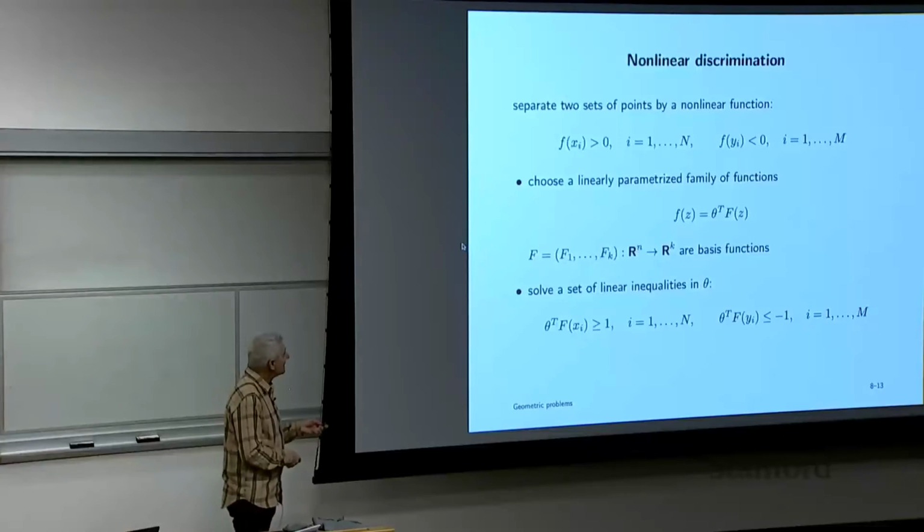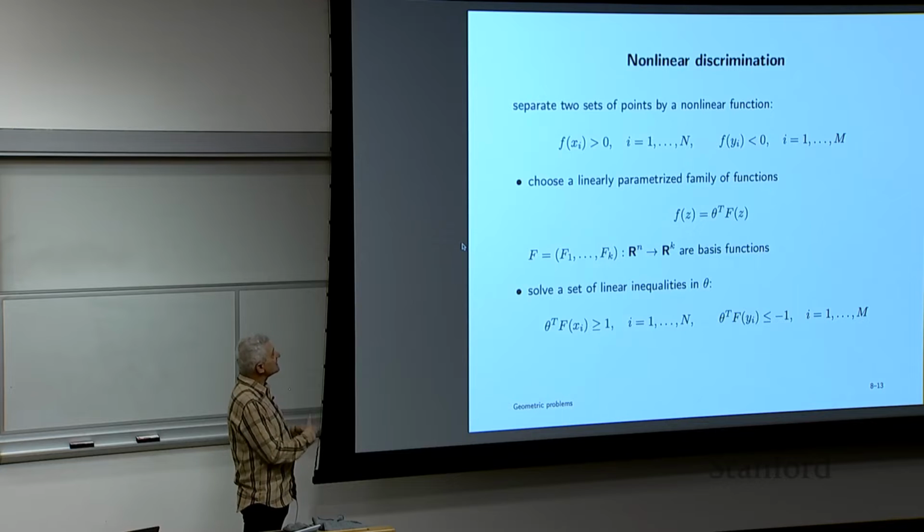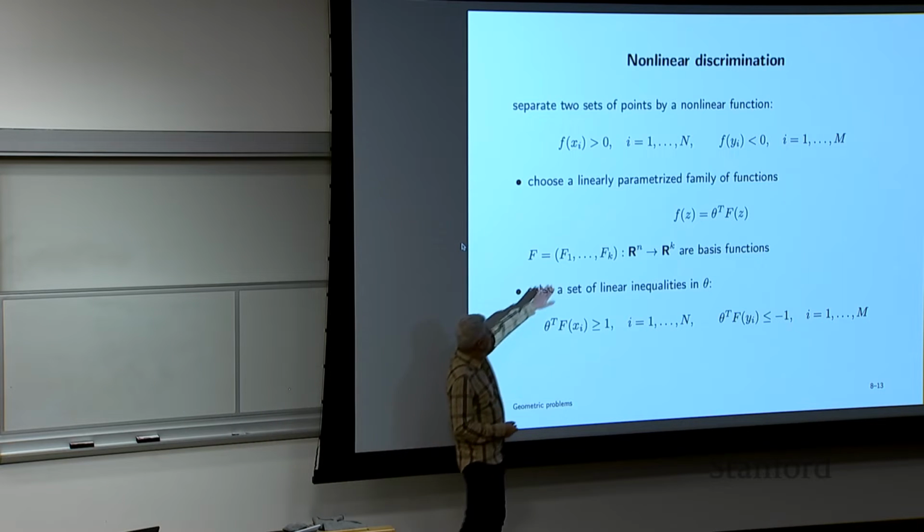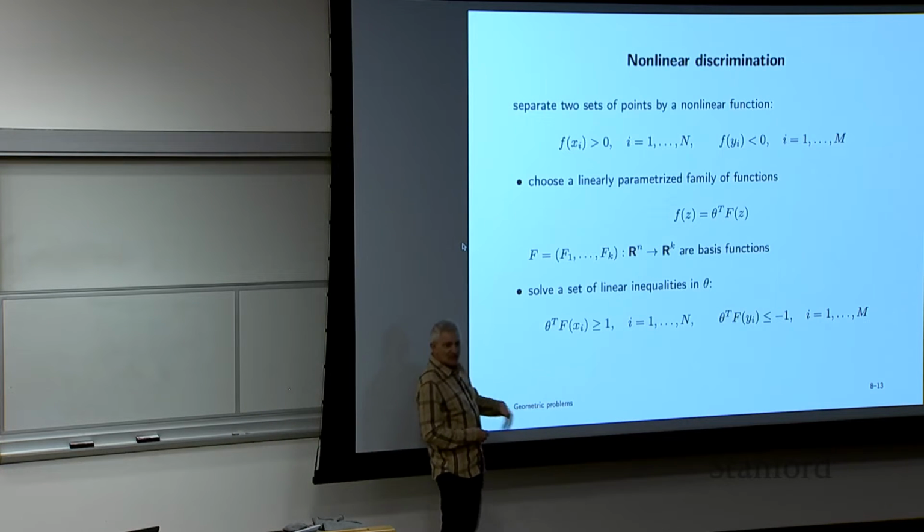We can make f of z contain these basis functions, and then theta is now a linear combination of basis functions, right? One of them, by the way, could be 1. That would be a very common basis function. And then what you want to do is find these inequalities. Now this looks complicated, right? Because there might be sines, cosines, hyperbolic cosines.